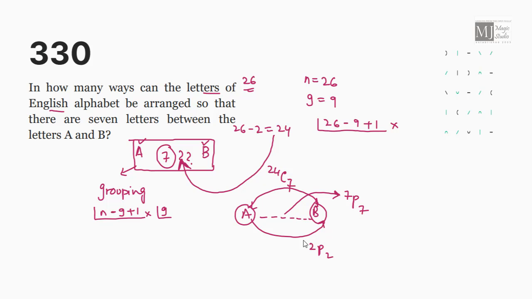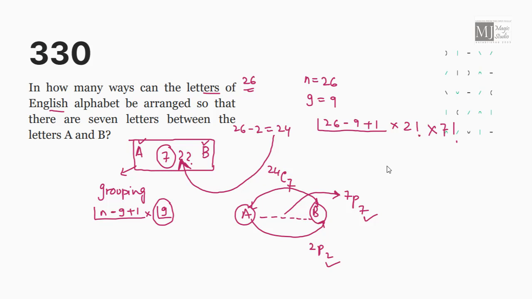So instead of writing factorial g, we would be dividing this part in 2 parts. So the group arrangement would be factorial 26 minus 9 plus 1 into 2p2, that is factorial 2, into 7p7, that is factorial 7.